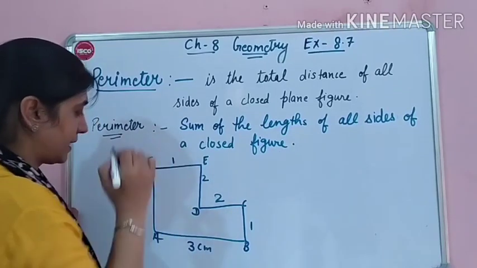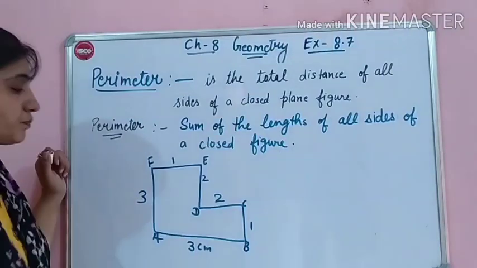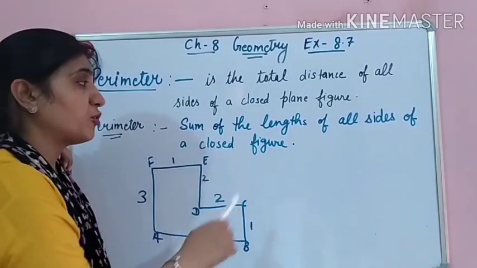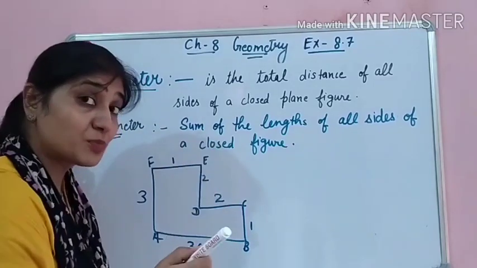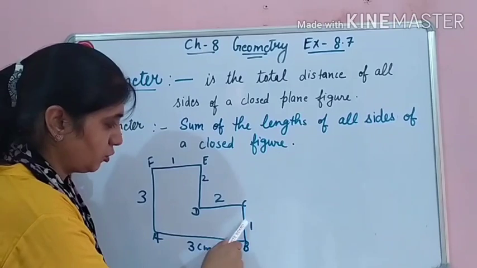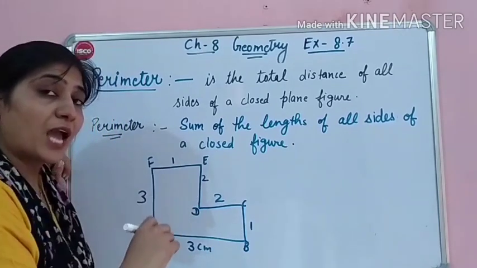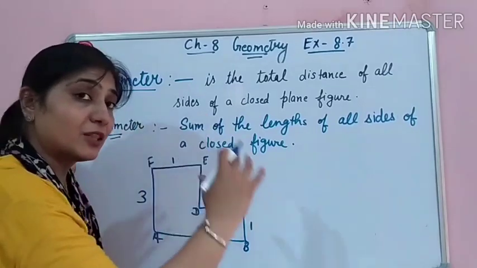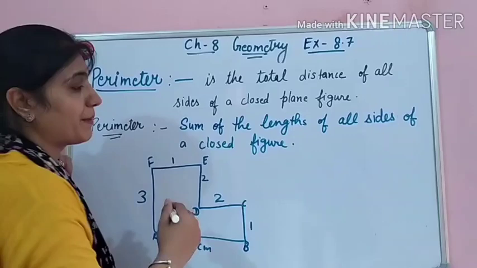This is 1 centimeter. This is 3 centimeter. See, you have to find the perimeter. Perimeter means we have to calculate its boundary. See, how many line segments are there? 1, 2, 3, 4, 5, 6. We have to add the lengths of these 6 line segments to find its perimeter.